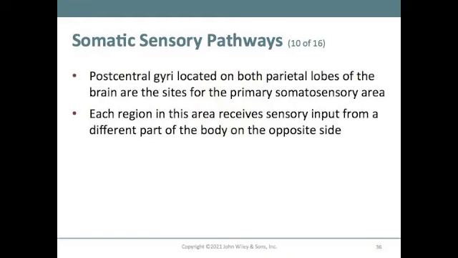Moving on to the next slide, the precise localization of somatic sensations occurs when nerve impulses arrive at the primary somatosensory cortex. This occupies the postcentral gyri of the parietal lobes of the cerebral cortex. Each region in this area receives sensory input from a different part of the body.